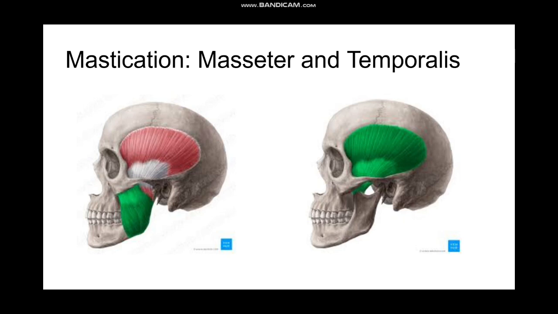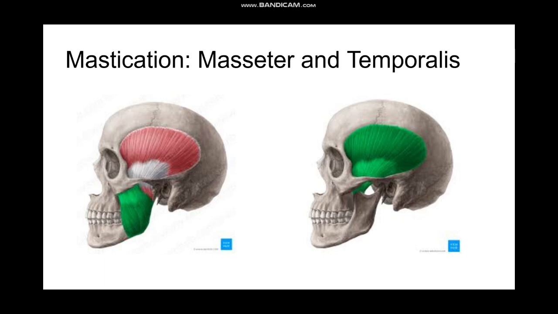Going to the temporalis, it's highlighted right here in green on the right image. One of the origins would be the temporal bone, but that's obviously in the name. It's also going to originate on the parietal bones of the skull, which is not an obvious one, but at least you get half of it.